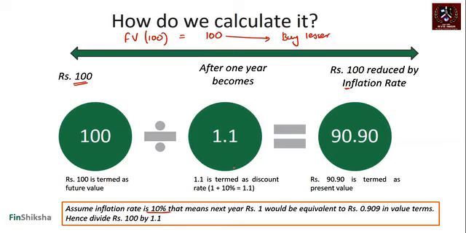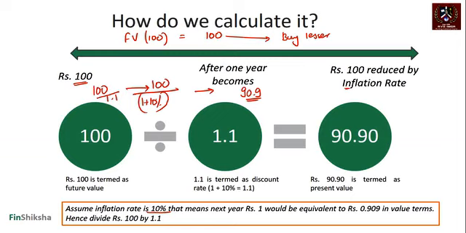You basically look at a 10% rate. So in other words, your 100 today will be worth maybe around 90 next year. How do you get to that number? You basically divide this 100 by 1.1. Why 1.1? 1 plus 10%. So the value of 100 goes down to 90.9 next year, correct?